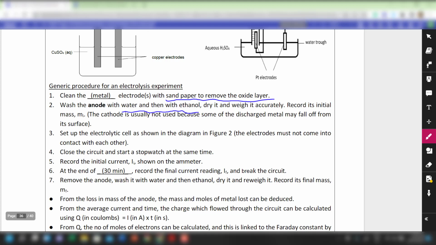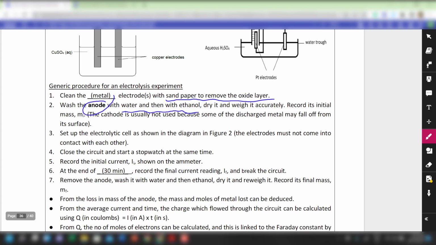Why do we want to use the anode? Because the anode will be oxidized, so you're going to measure the change in mass. Over here you will notice that my anode is one whole piece of metal, and after some of the metal is oxidized to the cation, it will diffuse to the cathode.